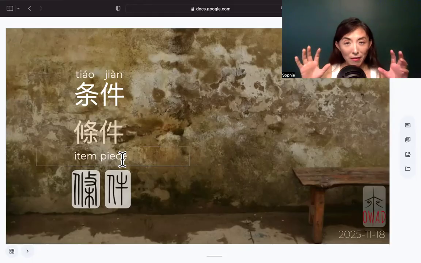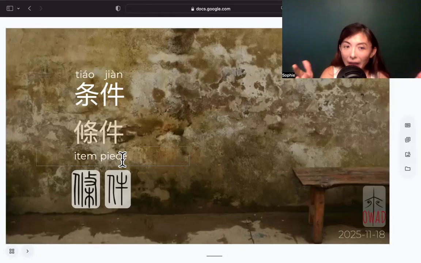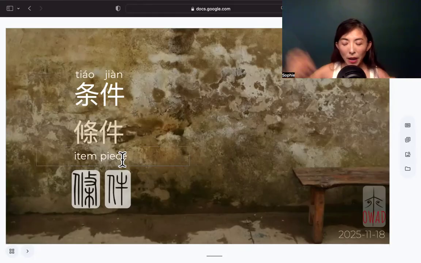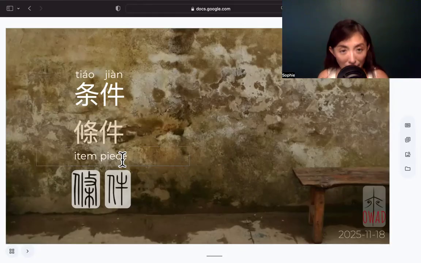Okay, so both of them are counting terms that are countable and separable, either a long shape of stick or separating humans from cows. These made it into our countable world, our counting units.